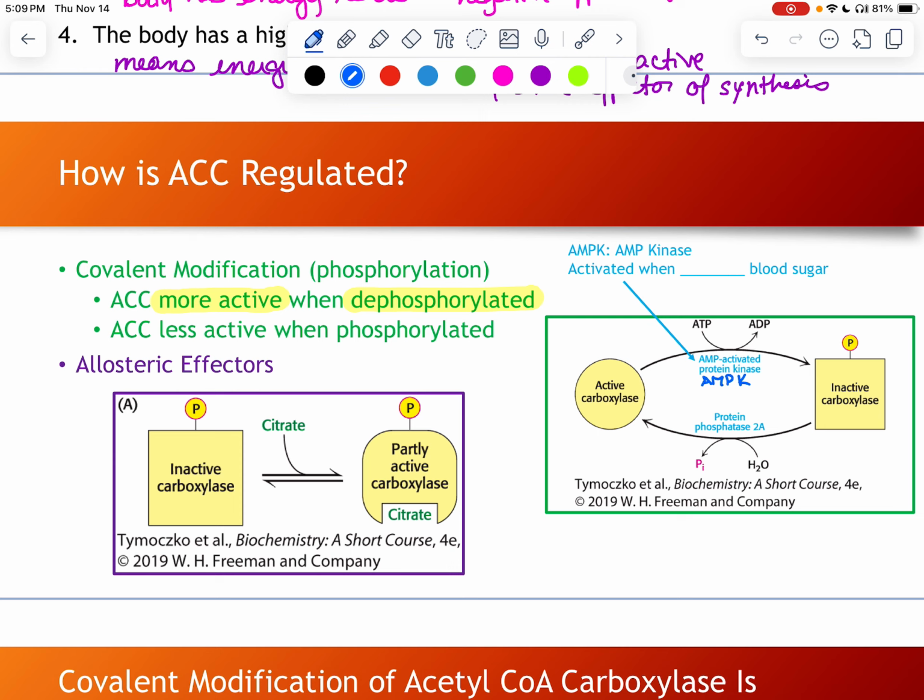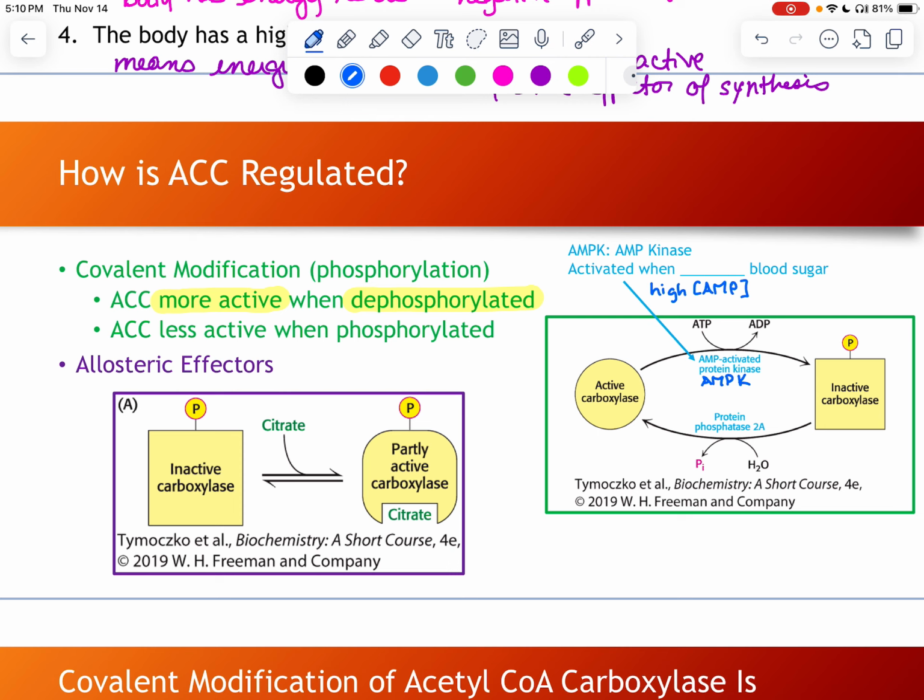There's two things that can activate this AMPK, but I'm realizing I just put one of those in there. So one would be when we have high AMP concentration. All right, so activated when we have high AMP. That means our energy needs are not met.